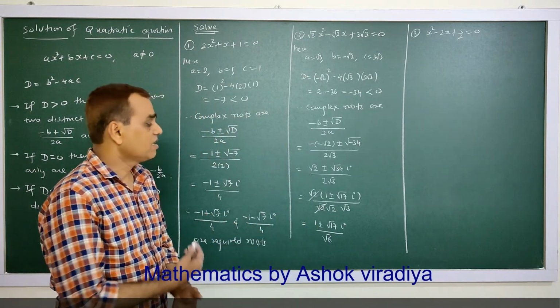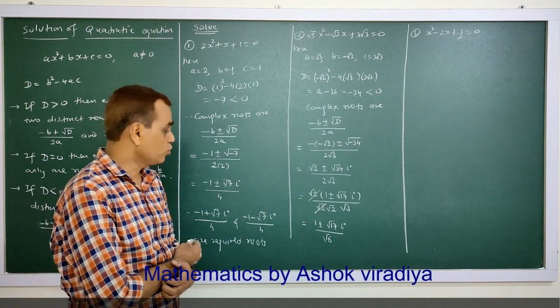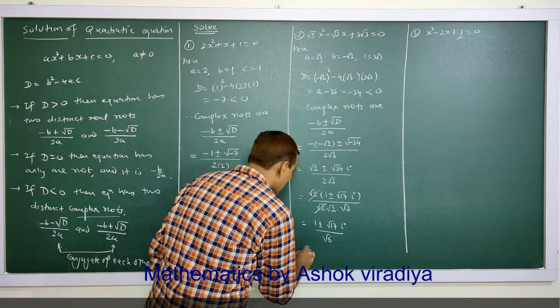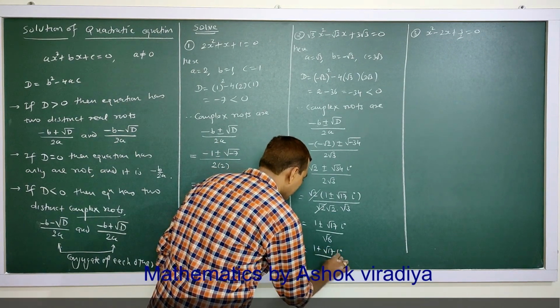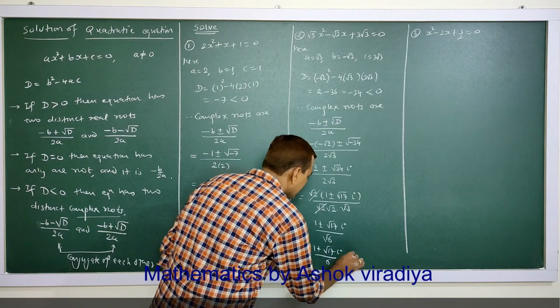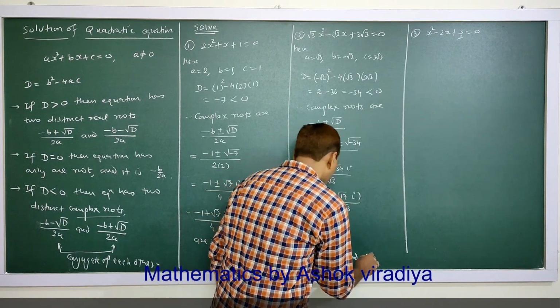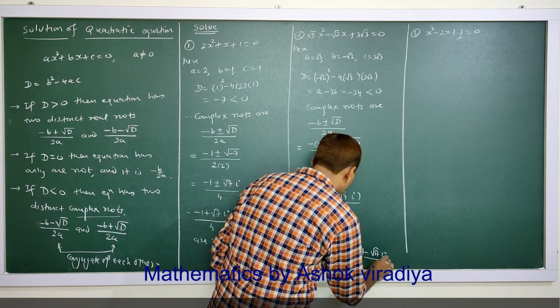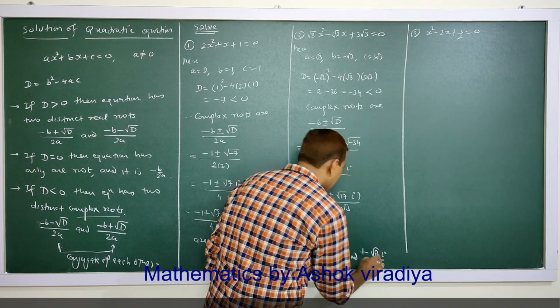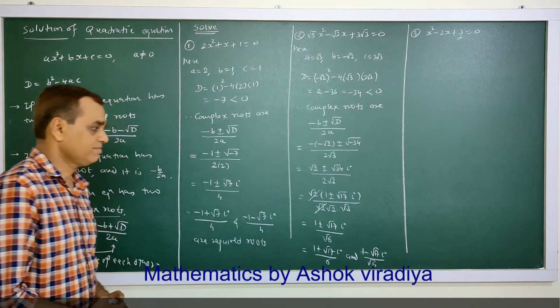So these are the required complex roots: (1 + √17 i)/√6 and (1 - √17 i)/√6 are the required roots.